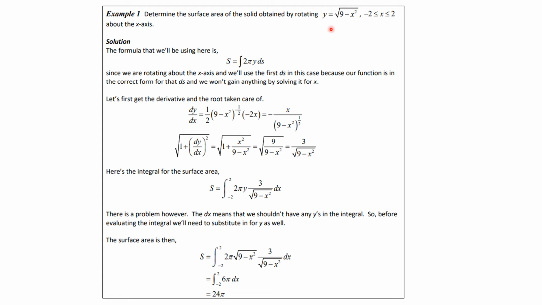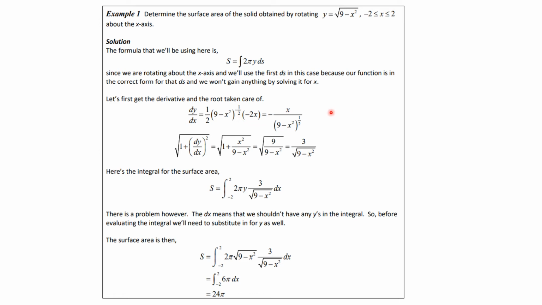Okay, now here we have y equal to f of x, so we're going to use the formula s is equal to the integral of 2 pi y ds. And that means we're going to be using dy/dx. And so dy/dx is going to be 1/2 times 9 minus x squared to the minus 1/2, times minus 2x.